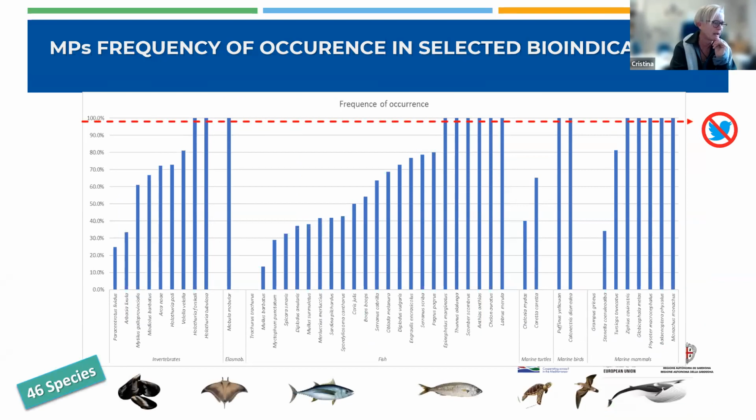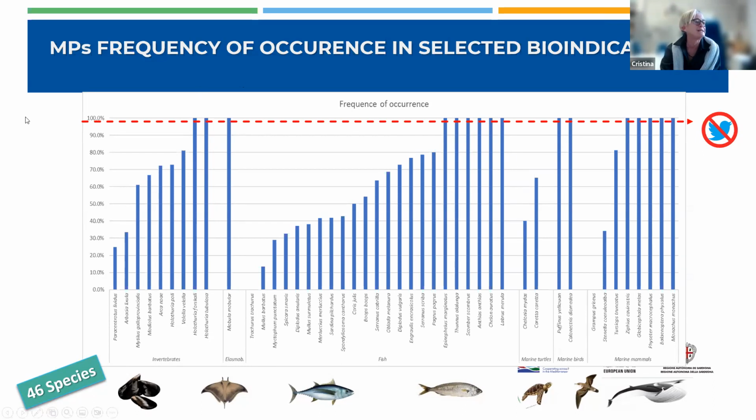Just to give you some unpublished data that we have obtained from our previous project, Plastic Buster MPAs, here I have the real confirmation of what we say, that microplastic can really impact the biodiversity in the Mediterranean Sea. Here we report 46 species, ranging from invertebrates, elasmobranchs, fish species, marine turtles, seabirds, and marine mammals, and in more than 95% of the species, we have detected the presence of microplastic.